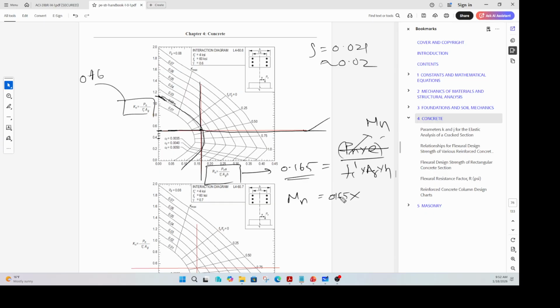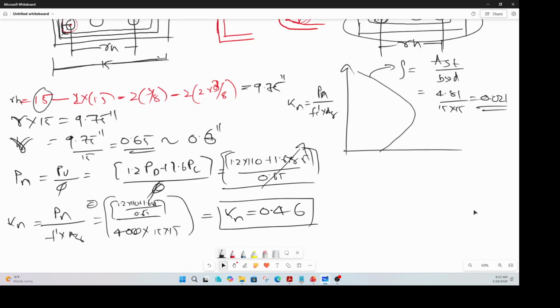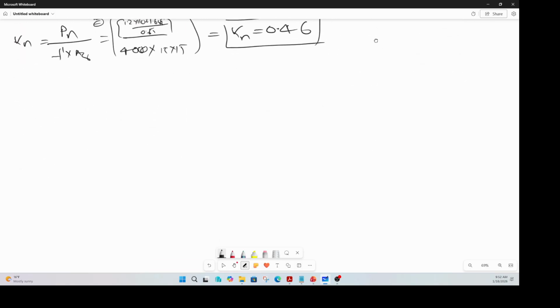times Fc prime Ag h. So that's how you calculate your Mn. Let's do that here. So we calculate our Rn. We know from the curve that Rn is 0.165, and we know that Rn is Mn by Fc prime Ag times h.